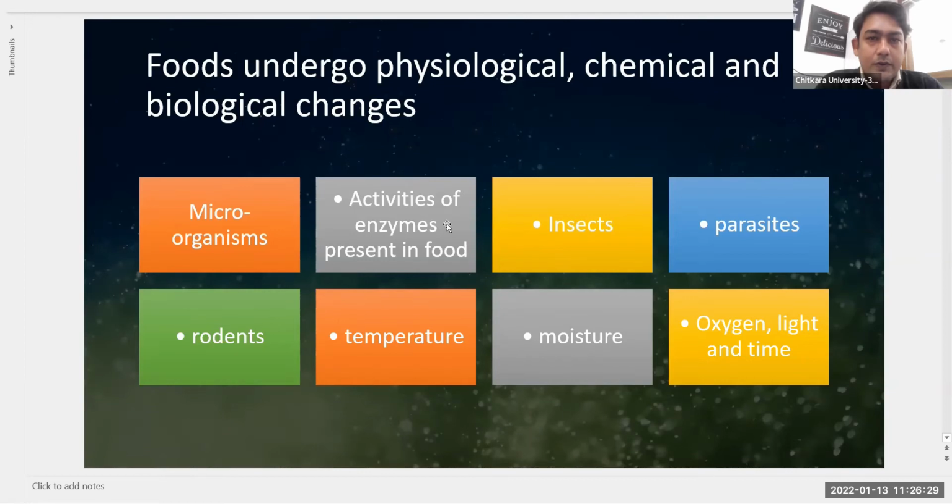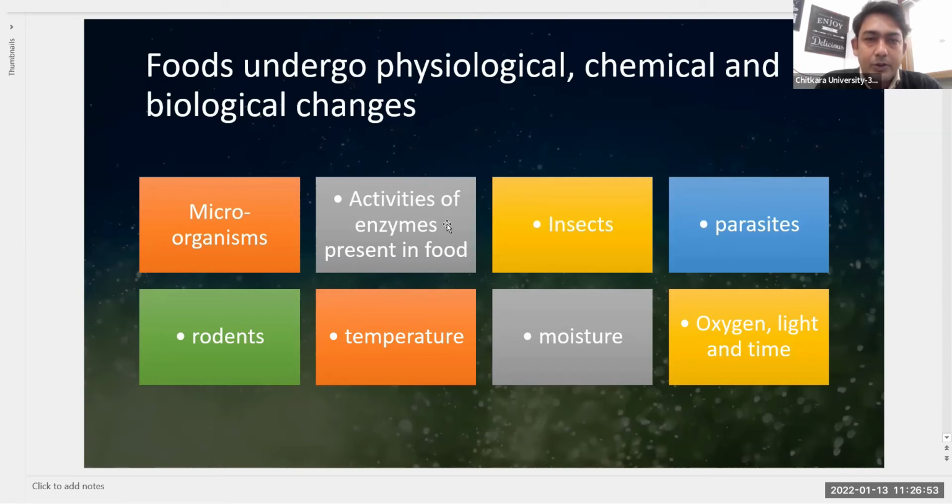So let's understand what physiological changes are. When a seed grows into a crop, it is very small and then it gains its size. That is a physiological change, the change which we can see in the physical form of the food product.